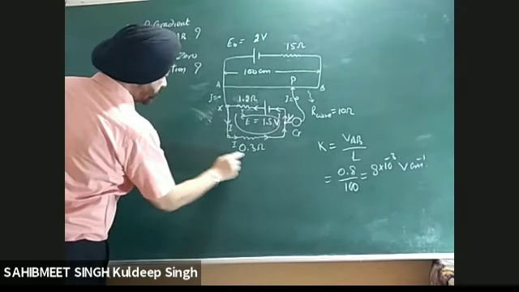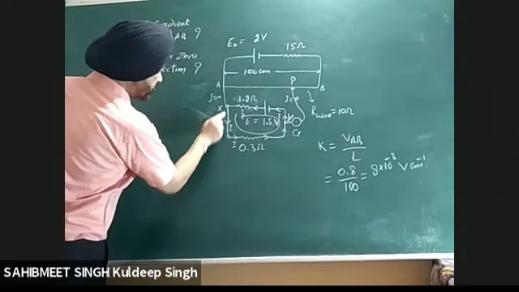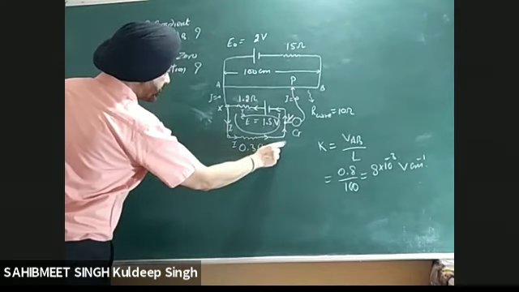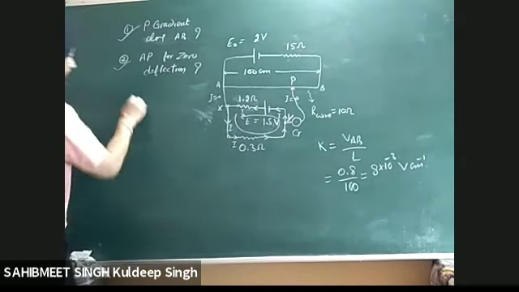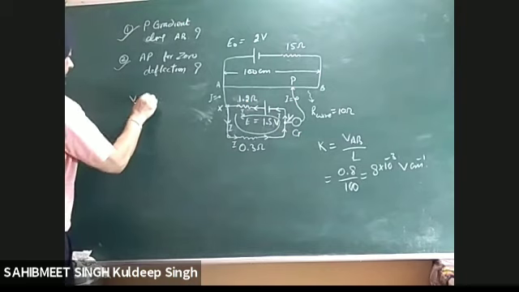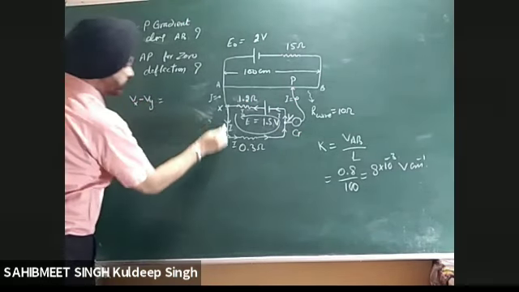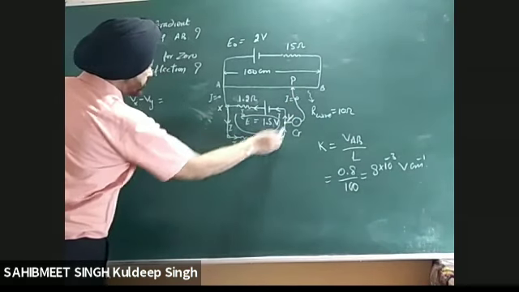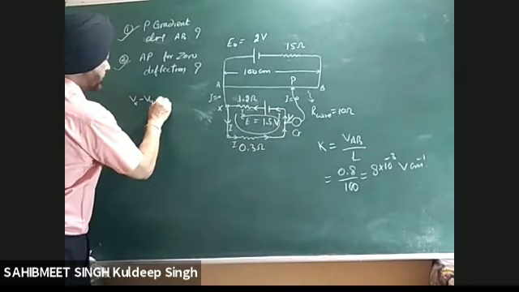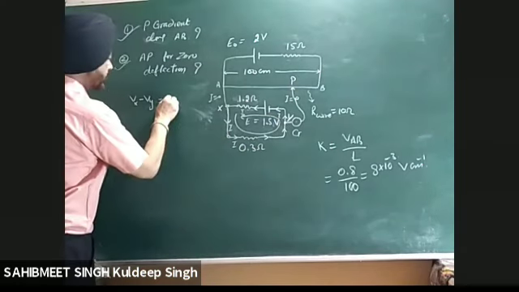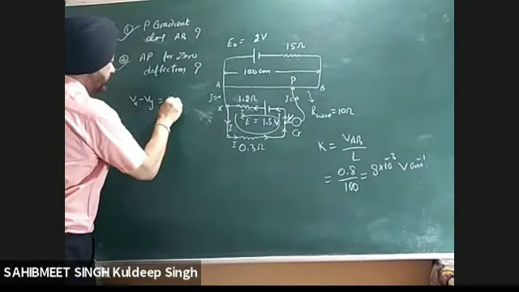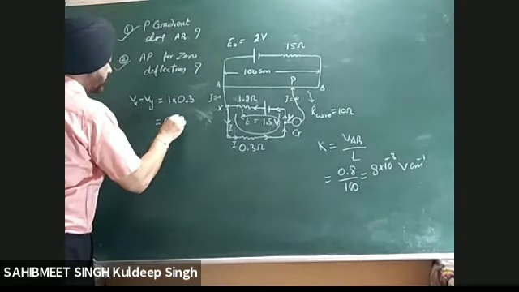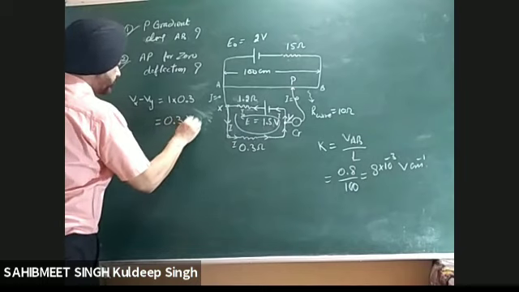When I move in this way, the potential difference will be I into R. Ohm's law is sufficient here. So V is equal to I into R. तो ये हो गया 1 ampere multiplied by 0.3. So this is equal to 0.3 volt.